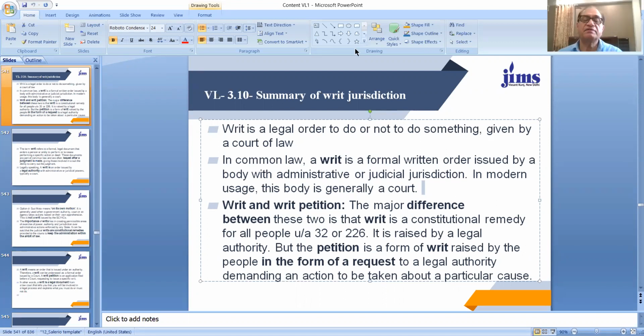So today we will learn regarding the summary of entire writ jurisdiction. We have already covered 5 kinds of writs available under Indian Constitution.